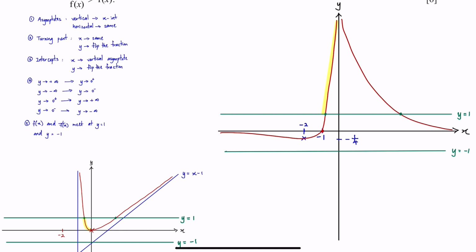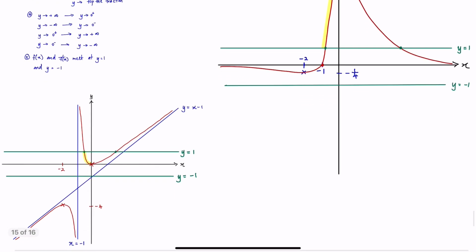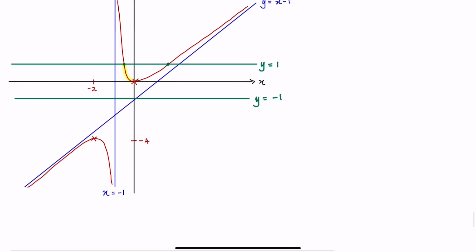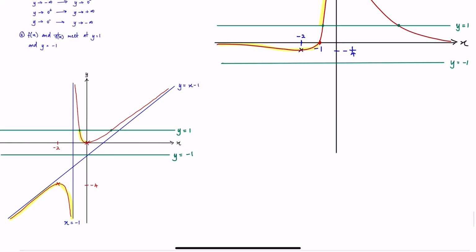Another part would be right here, since we can see that this is already lower than y equals negative 1, so obviously this would be larger than this.